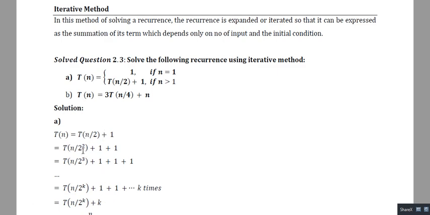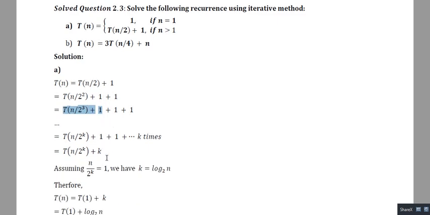So similarly, in place of this, I can write again n/2, which means it will be 2^3. So T(n/2^3) plus 1. So now let us keep on expanding for k times. So after kth iteration, it will be like this: T(n/2^k) plus 1 plus 1 plus 1, how many times? k times. Right. So it will be T(n/2^k) plus k.